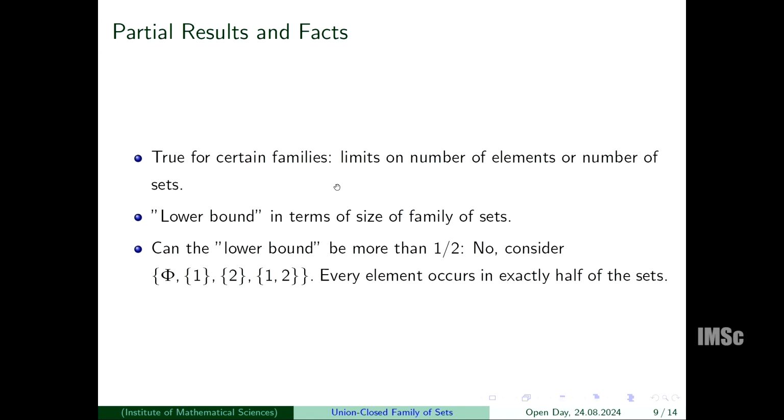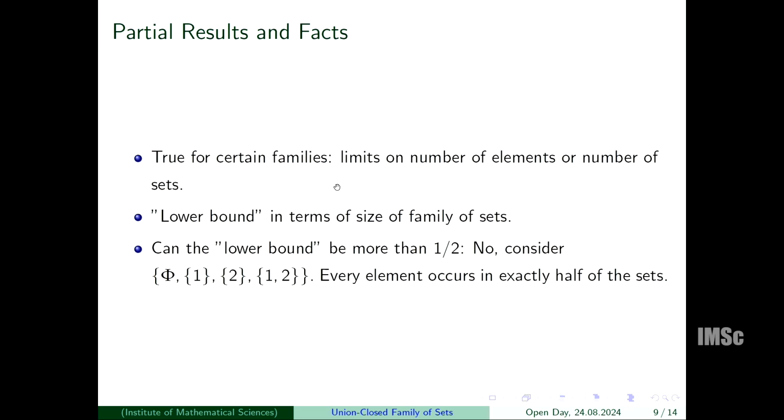Okay, so there are some partial results and facts that we have. If we put some limits on the number of sets in our family, or a limit on the number of elements in, say, our universe, then we have some partial results.